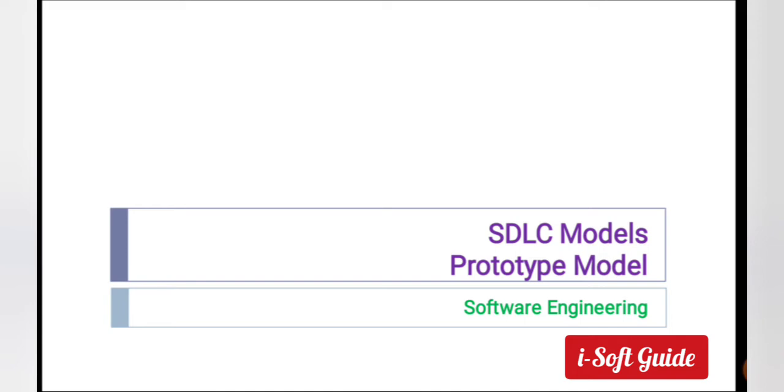First of all, what is a prototype? Here we will discuss a software prototype. A software prototype is a small set of programs that replicates the software that we want to develop. Software means the final product which our company wants to develop.